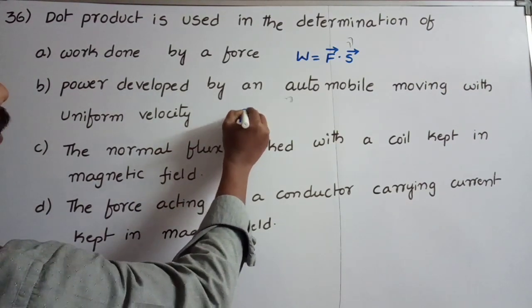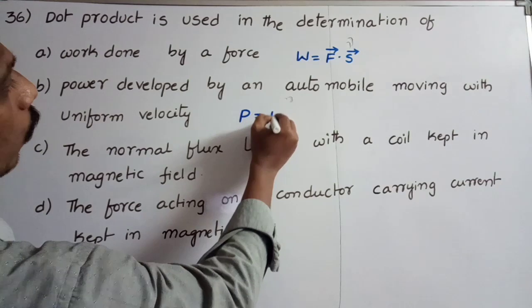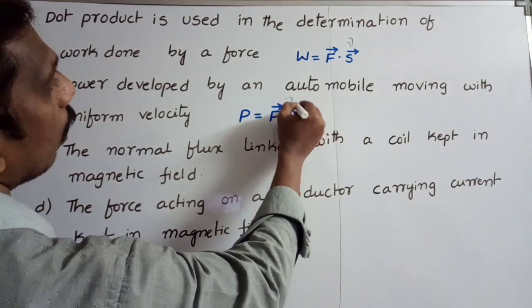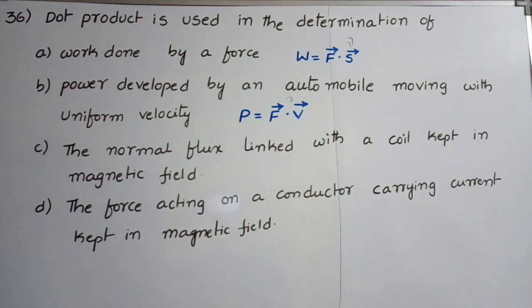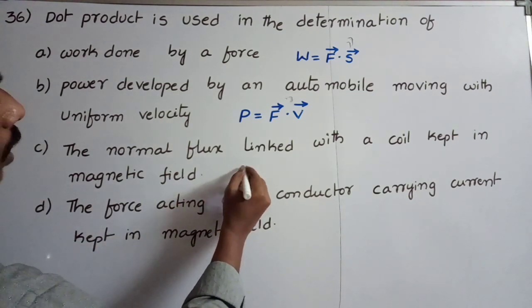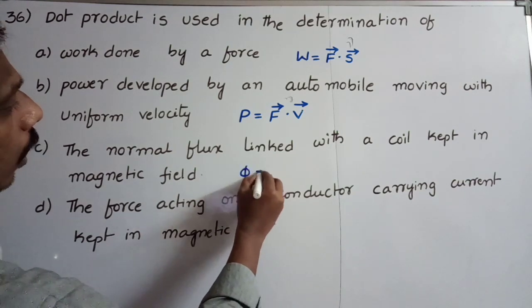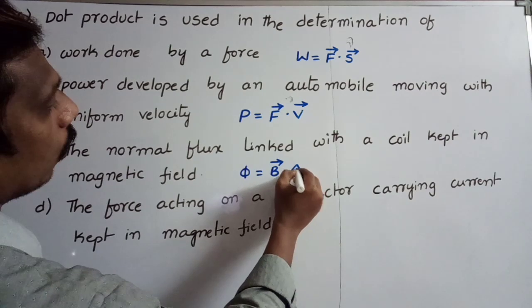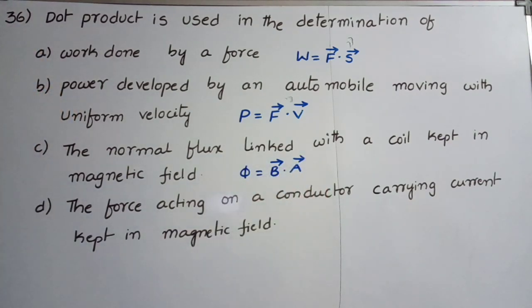Here P is equal to F bar dot V bar. C option, the normal flux linked with a coil kept in a magnetic field. Flux phi is equal to B bar dot A bar.